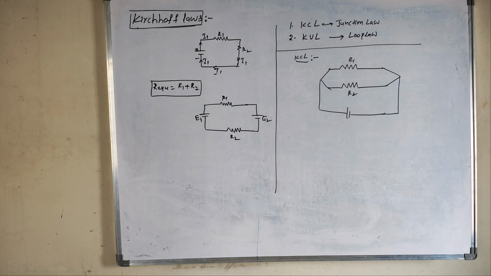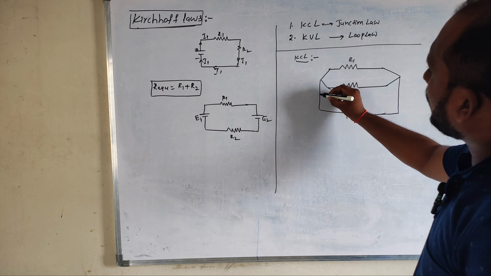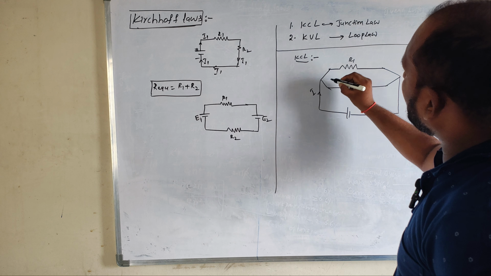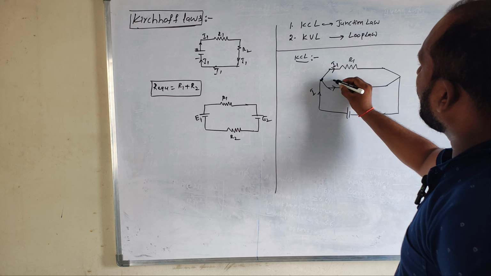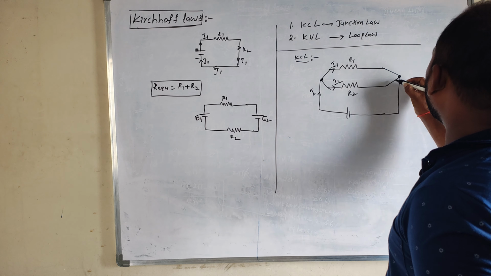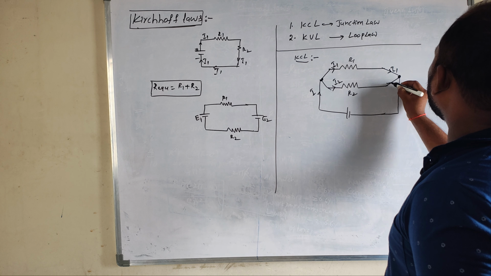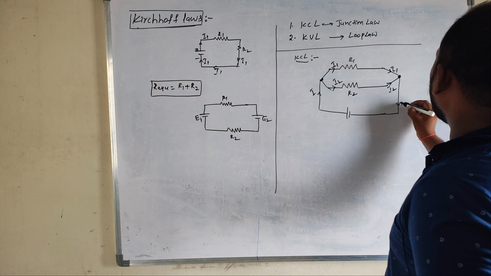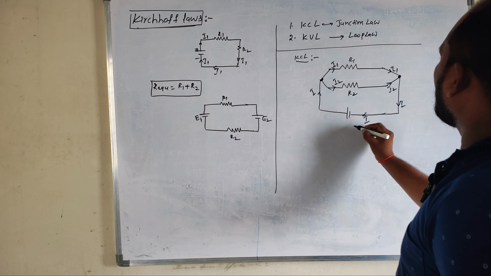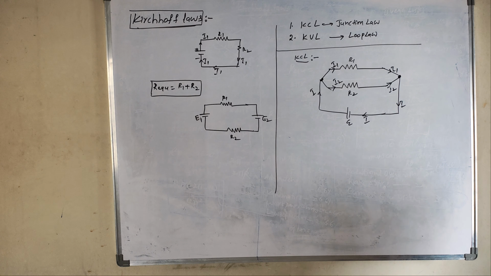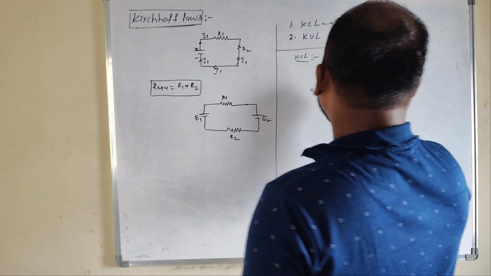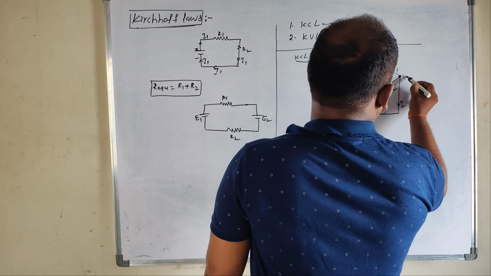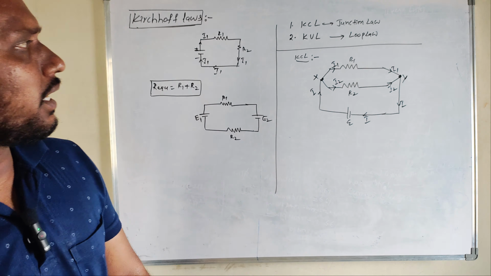The current here is I. The junction is there, so it will be divided into I1 and I2. Once again they combine here and we get I current. Now I have to implement the junction law for these points X and Y.